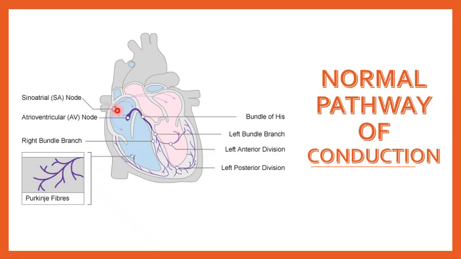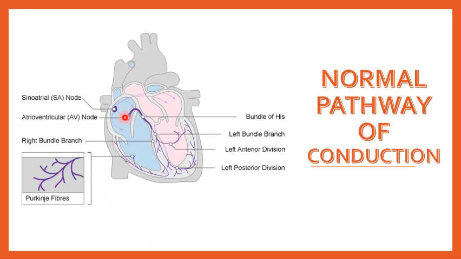So the impulse spreads from the sinus node throughout the atria via what are called the intraatrial pathways, sometimes called the internodal, because these pathways connect up the sinus node and the AV node.